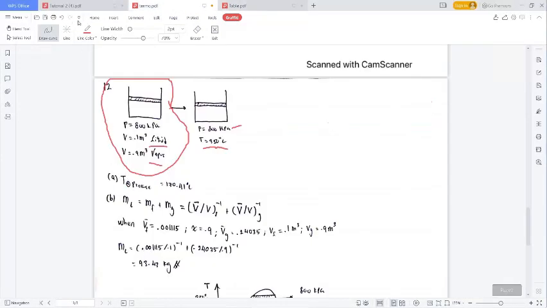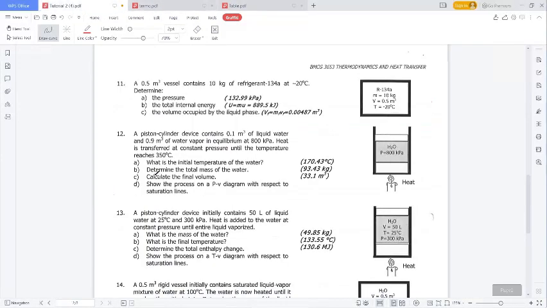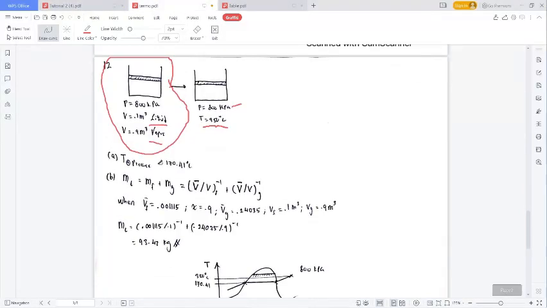So question B asks for the total mass of the water. I make the analysis at the first stage of the system. You could analyze the second stage and get the same answer, because it is a closed system. There is no mass in and no mass out.